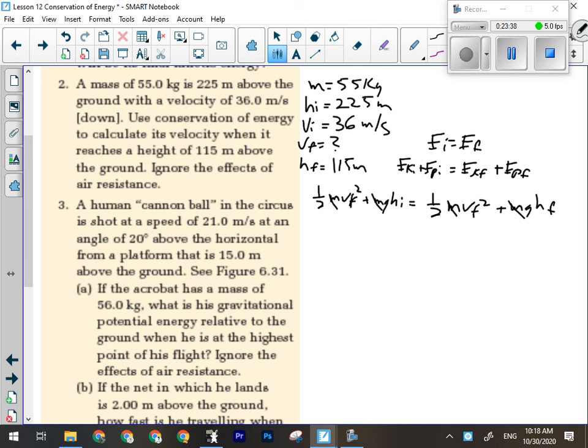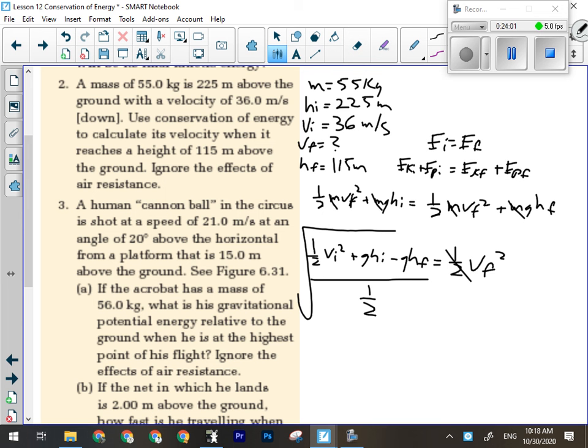I'm trying to find VF, so I want to subtract GHF over to this side. So I'll have 1/2 of VI squared plus GHI minus GHF equals 1/2 VF squared. Then I'm going to divide both sides by 1/2 and square root.